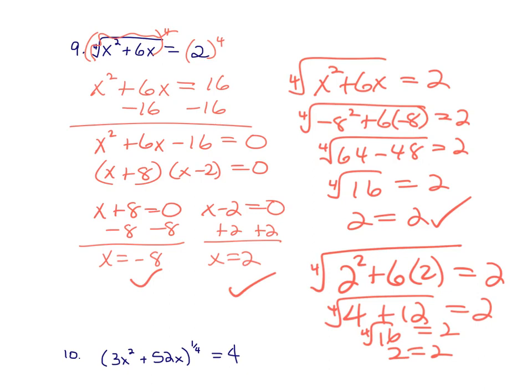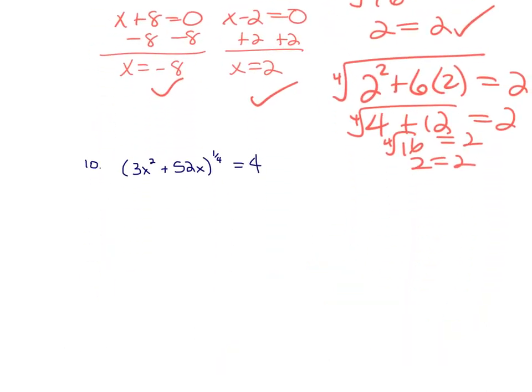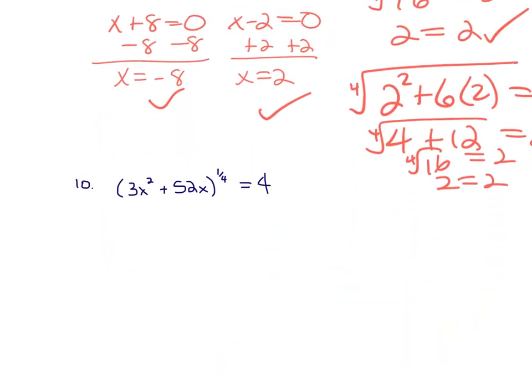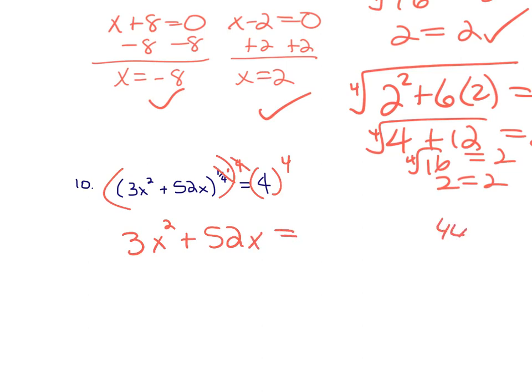Next one, same thing. Again, it's just like a 4th root, but it's a fraction. So we solve it the same way. I'm going to raise both sides to the 4th power. So this cancels, and I'm left with 3x squared plus 52x. 4 times 4 times 4 times 4, 16 times 16 is 256.